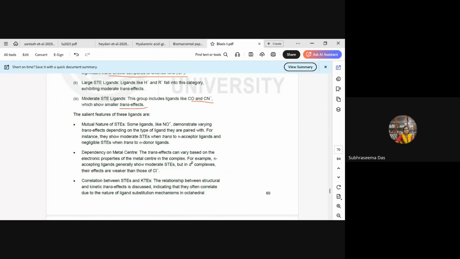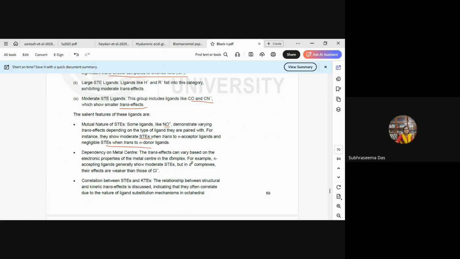Now we will look into the salient features of these ligands. The mutual nature of STEs: some ligands like NO plus, that is the nitrosyl, demonstrate varying trans effects depending on the type of ligand they are paired with. For instance, they show moderate STEs when trans to pi acceptor ligands, and negligible STEs when they are trans to sigma donor ligands. So this is the mutual nature of the STE.